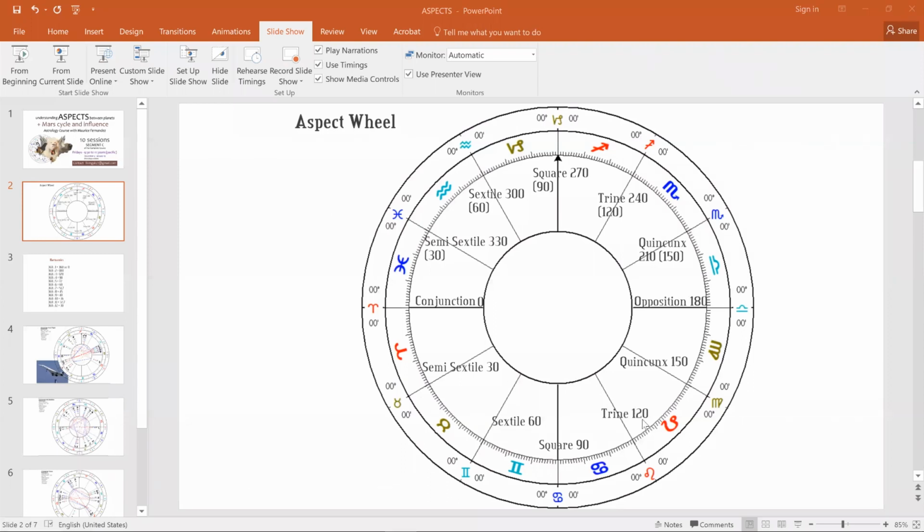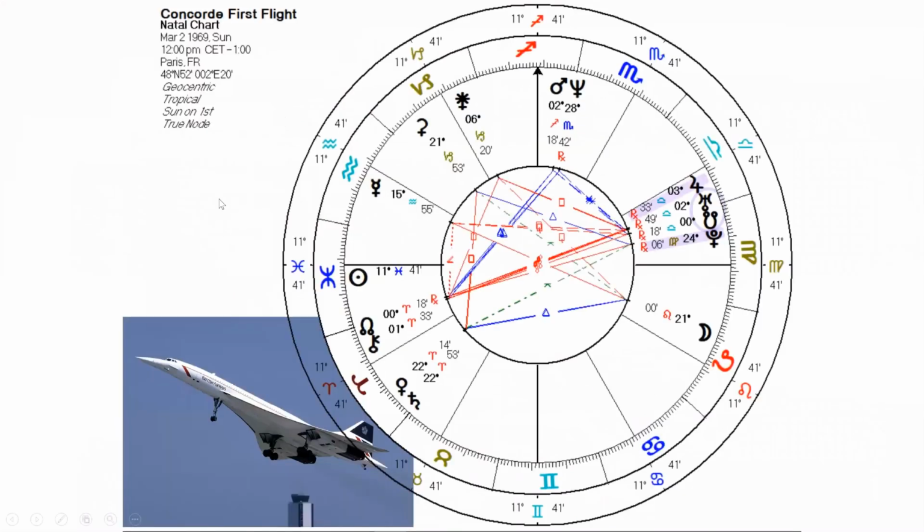I want to show you something else. Excuse me. Going back to our PowerPoint, I just took this example. This is the Concorde airplane. This was a major breakthrough, the fastest passenger plane invented, created by the French and British.